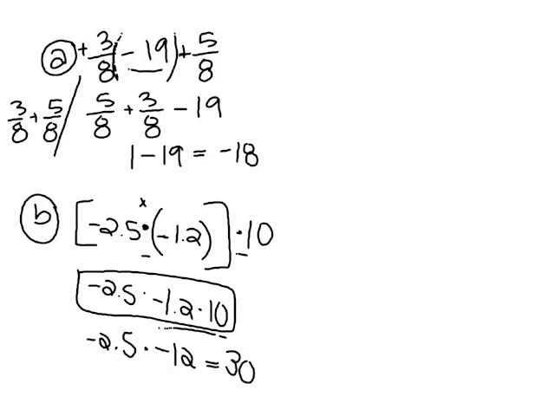Let's times these two terms together first. So grab your calculator. Negative 2.5 times negative 1.2. How do you write a negative on the calculator? Use the little negative sign down at the bottom. Take the number first and then you do times 1.2.